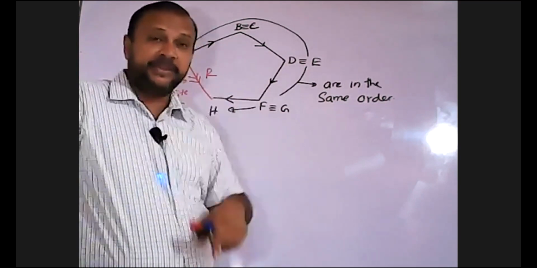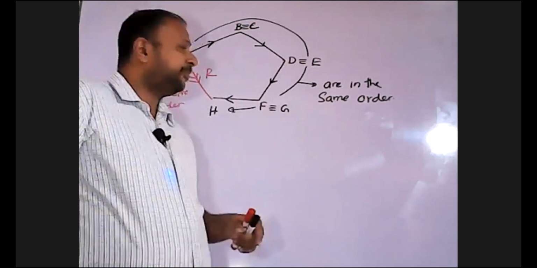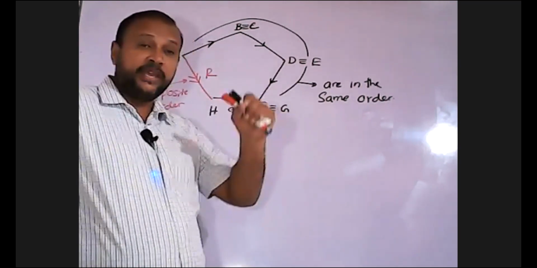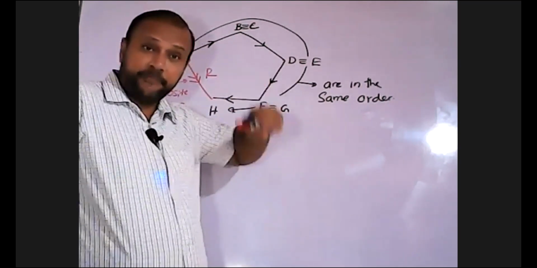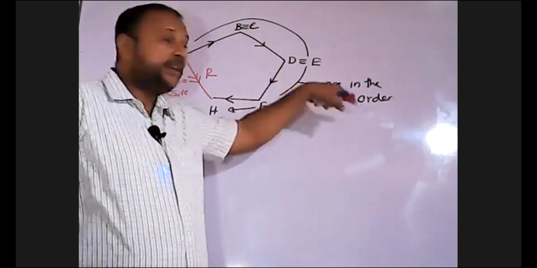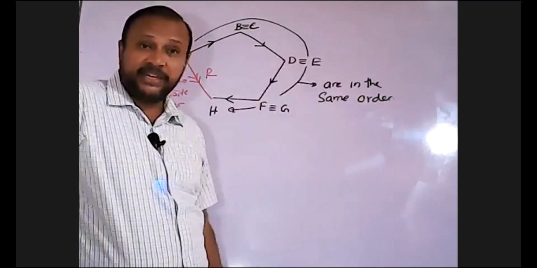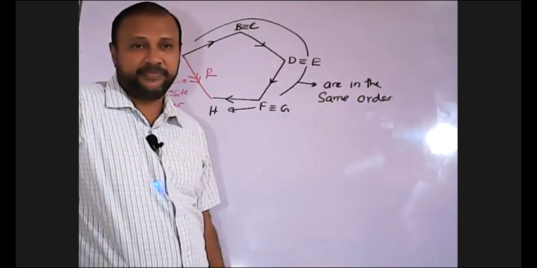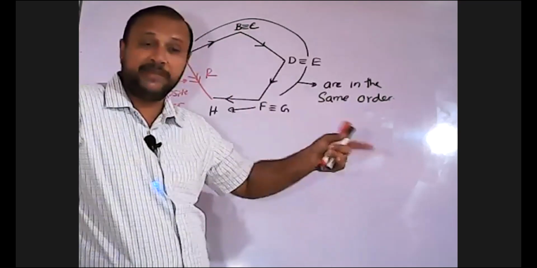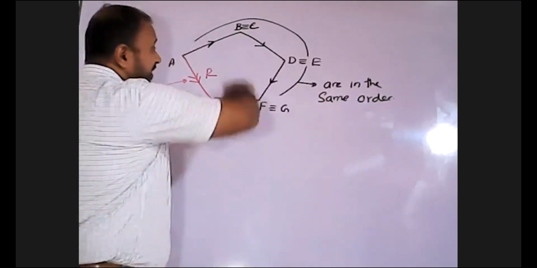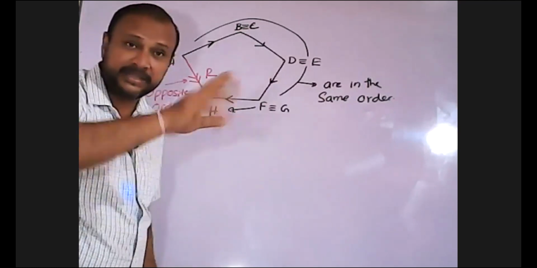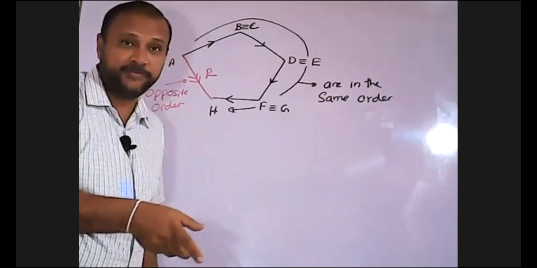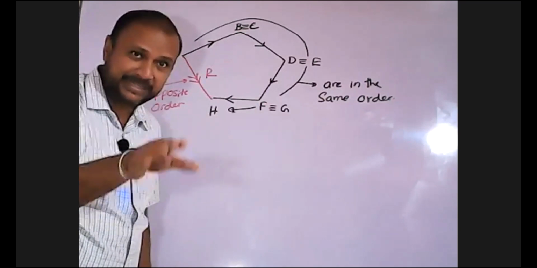Look at the sentence that I have given. Once we apply the vector addition theorem into a vector system, all the vectors in the vector system are in the same order. That is the theorem.